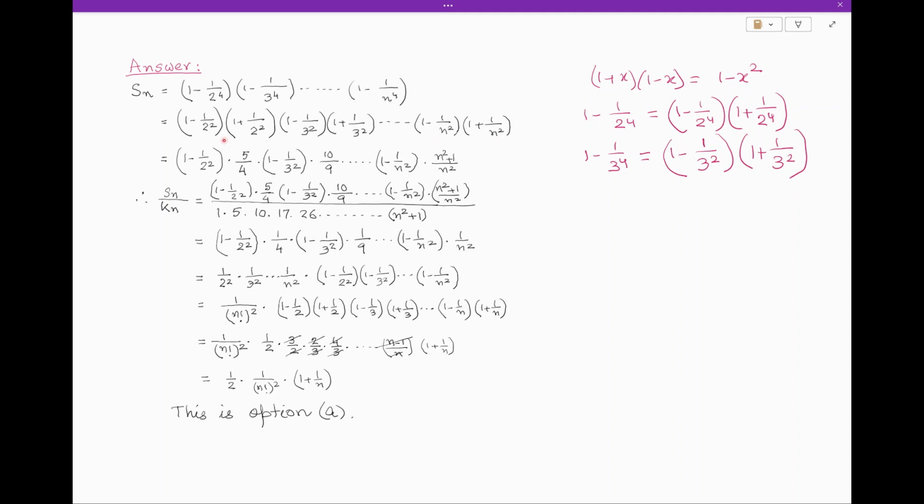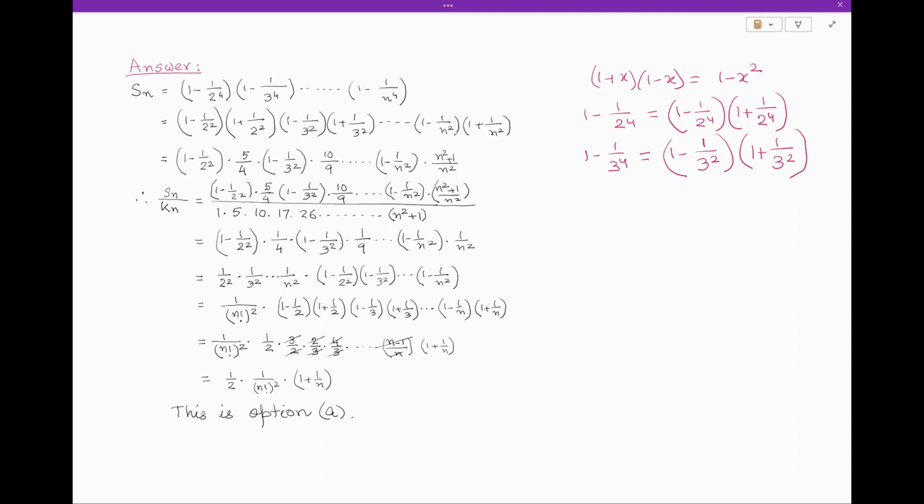Now, look at this term. If we simplify that, that becomes 5 by 4. Look at this term. If we simplify that, that becomes 10 by 9. Look at this term. If we simplify that, that becomes n square plus 1 divided by n squared. So, Sn becomes this expression.